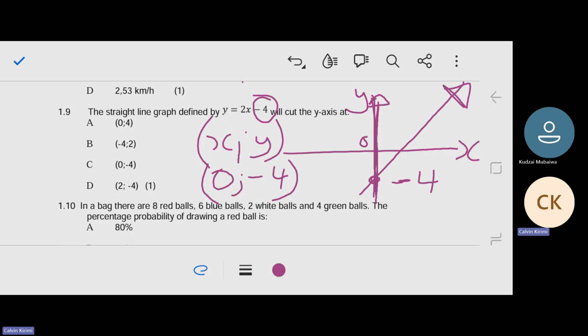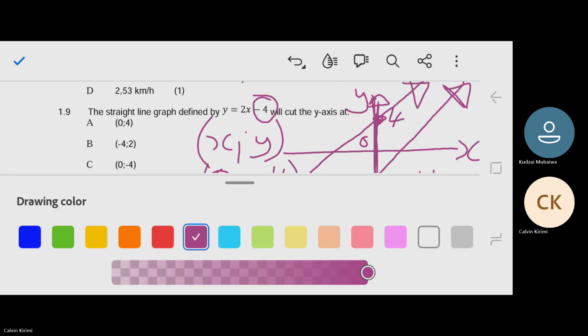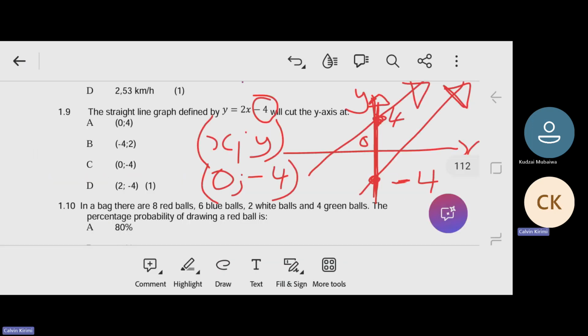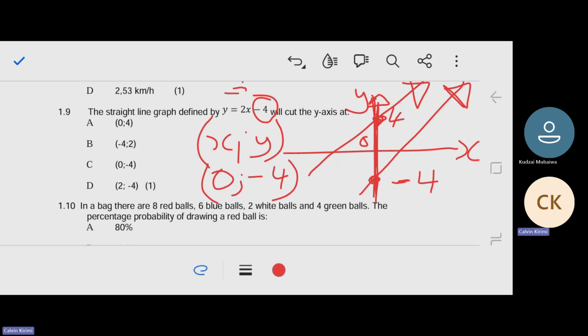If they had said plus 4, the graph now goes like this, but still the gradient is sloping upwards. Plus 4 does not change the slope. If they put a negative 2x, now it's sloping downwards, and your graph will be like that.